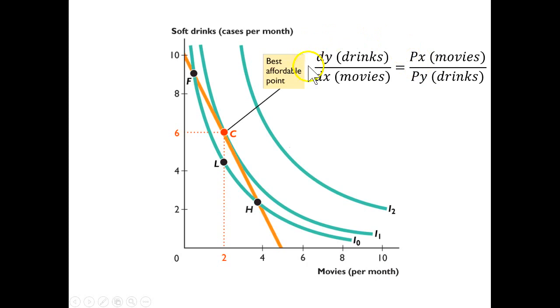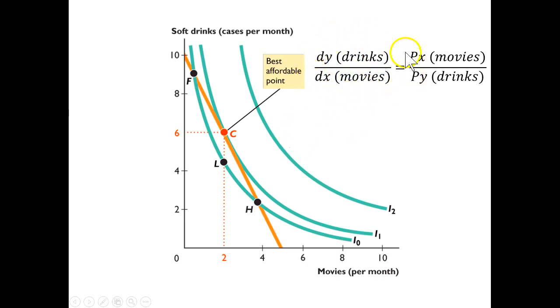As represented here, this is the marginal rate of substitution, dy/dx. The d here simply means a very, very tiny change. So we've got the tiny change in drinks relative to the change in movies.